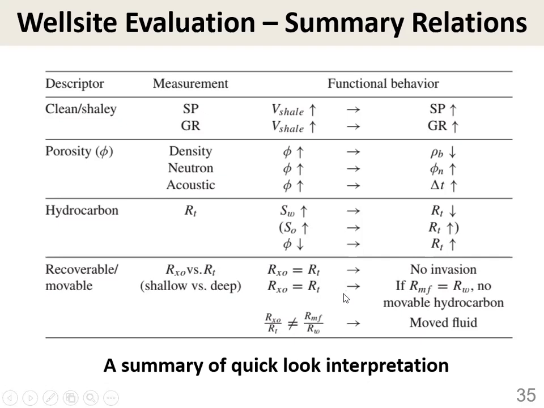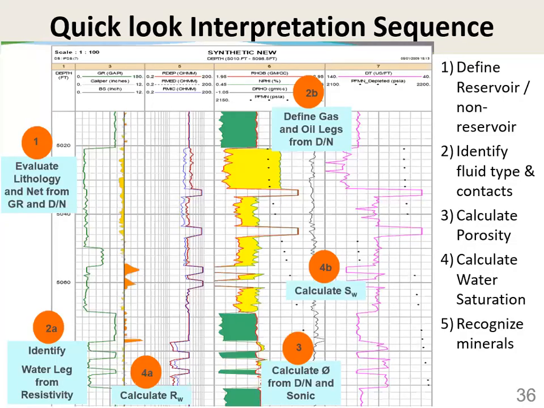And also, if Rmf is equal to Rw, that is, the mud filtrate resistivity is equal to the resistivity of the formation water, then we'll say that there is no movable hydrocarbon. And of course, if these ratios are not equal, then some of the original fluids have been moved due to your drilling activity.